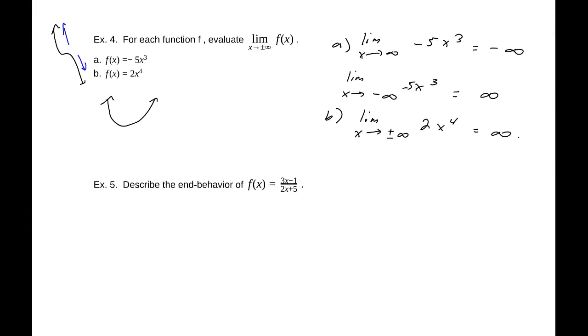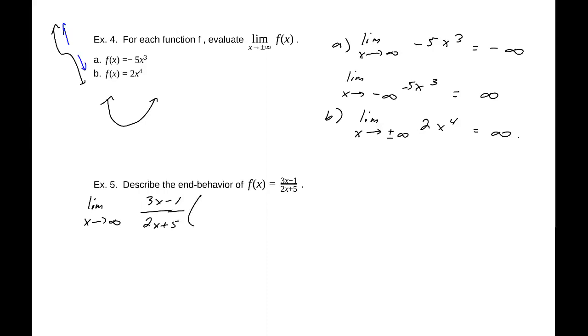Describe the end behavior of 3x minus 1 over 2x plus 5. All right, well, we could actually apply L'Hopital's rule with our limits here, but we're not going to do that. All right, let's take the limit. Okay, I have 3x minus 1 over 2x plus 5.